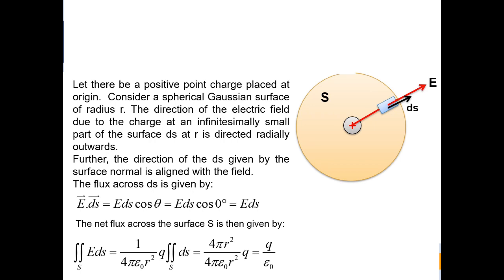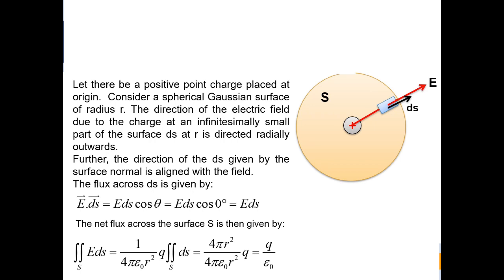Now if we want to find the net flux across this complete surface, we take the surface integral of E ds. Electric field due to a point charge is 1 by 4 pi epsilon 0 r square times q, the charge, and if this whole thing is a constant for a given r, then we can take it out of the integral, and what we are left with inside the integral is ds.